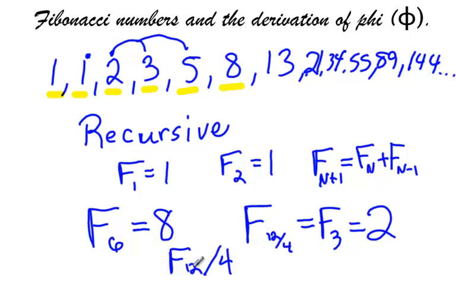Now I want you to notice the difference between these two problems. F sub subscript 12 divided by 4 is F sub 3. But this problem says do F sub 12 and then divide that answer by 4. Well, F sub 12 is 144. Then we need to divide that number by 4. And I think the answer is 36.